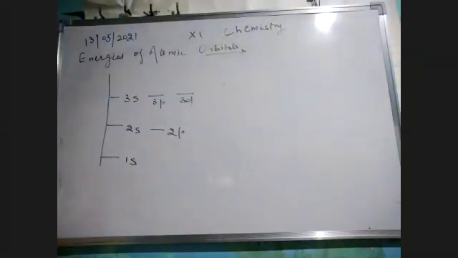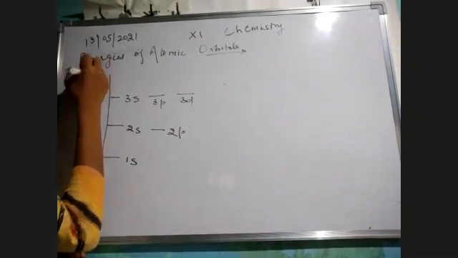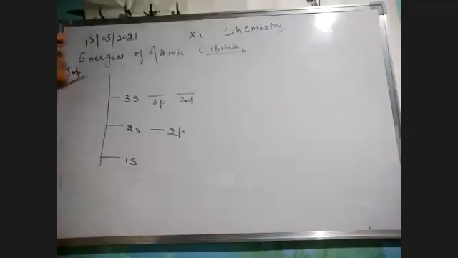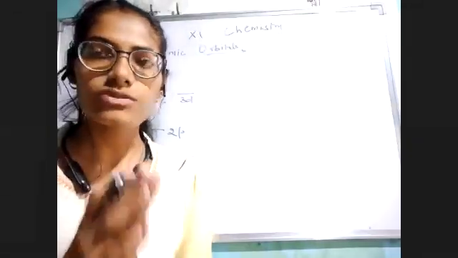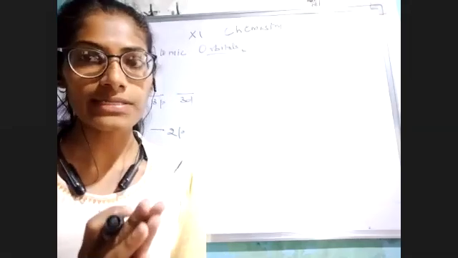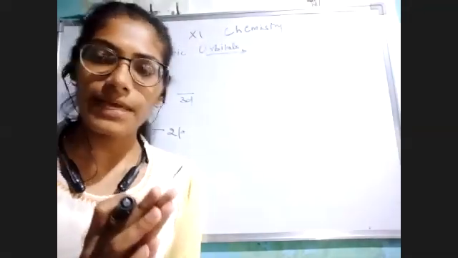So let's begin with today's topic, known as energies of atomic orbitals. Quite an important topic. We have studied that there are many different atomic orbitals like 1s, 2s, 3s, 2p, 3p, and so on.